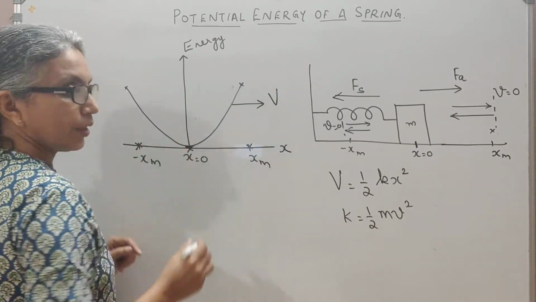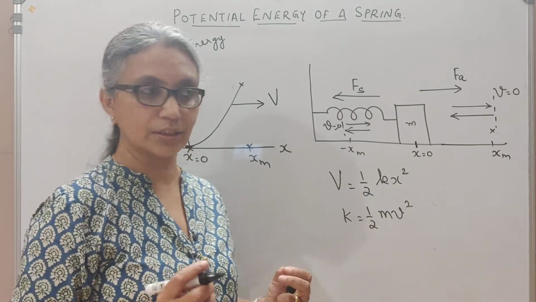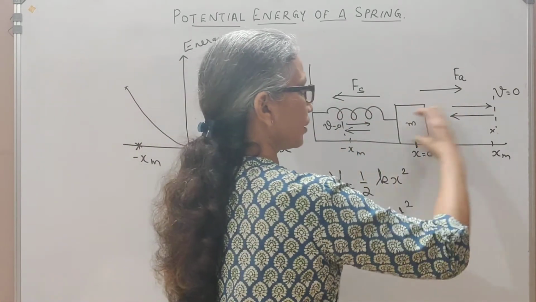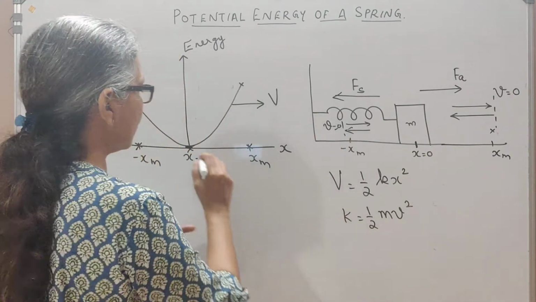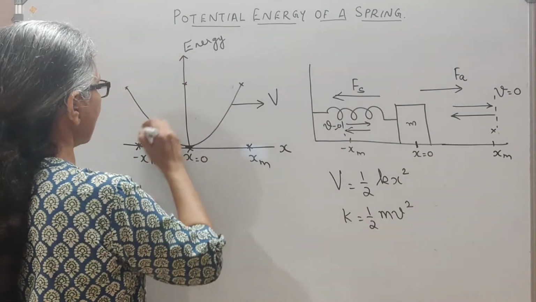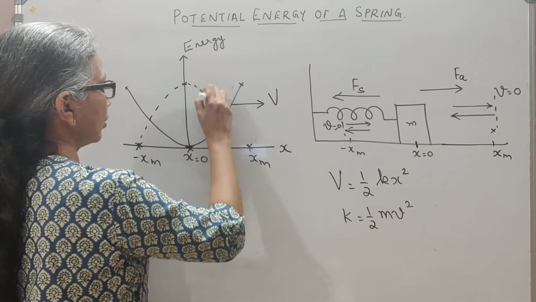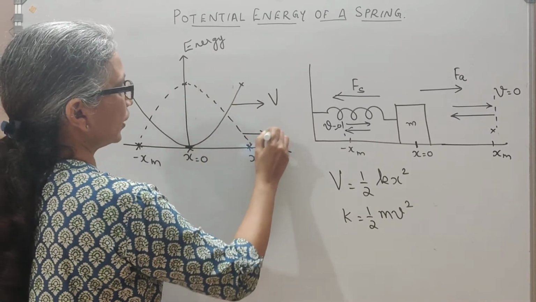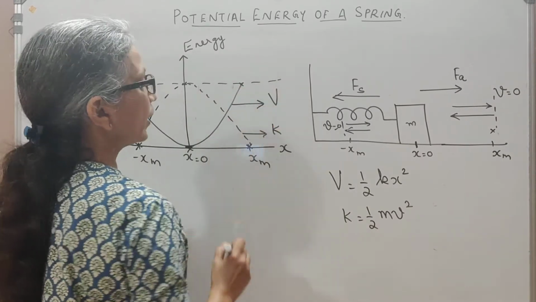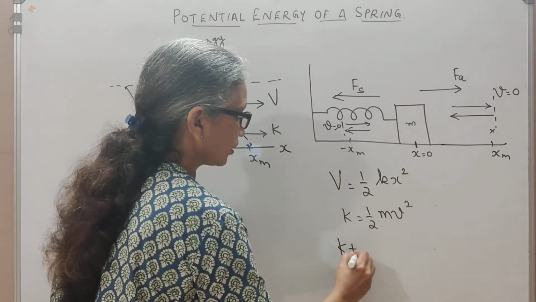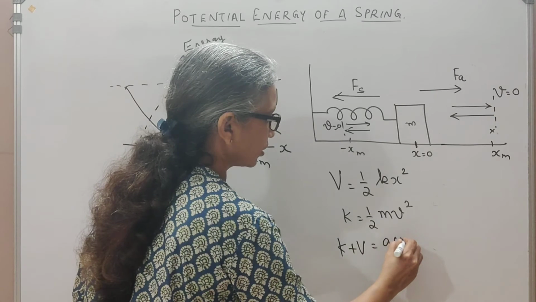At both extremes you have kinetic energy 0, and as it oscillates, at this position velocity is going to be maximum. So at x equal to 0 we have maximum kinetic energy. The dotted curve is for the kinetic energy, but at any position the total mechanical energy K plus V equals a constant.